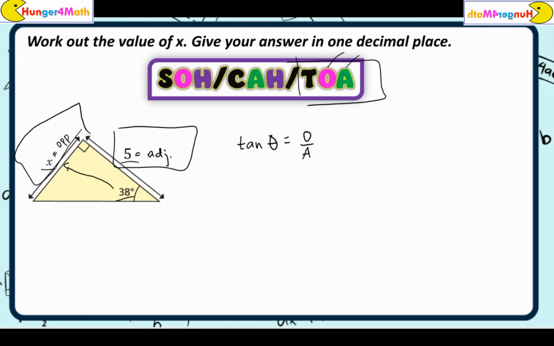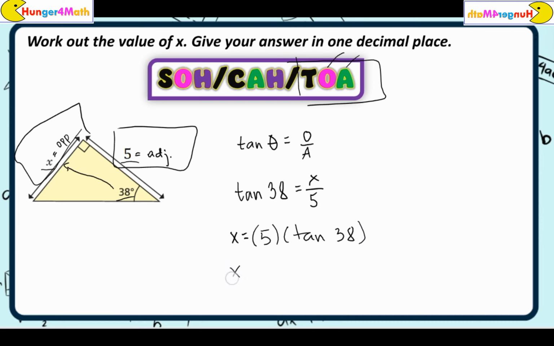Now let's substitute. Tangent theta is 38, equal to opposite x over adjacent, that is 5. Now solve for x by cross multiply. So x is equal to 5 times tangent 38.